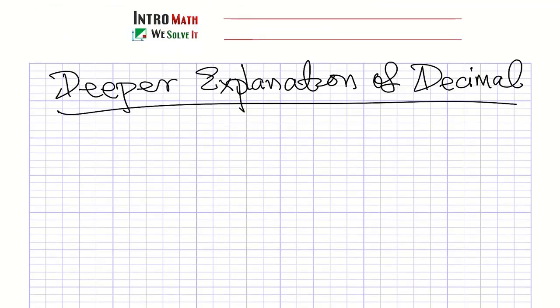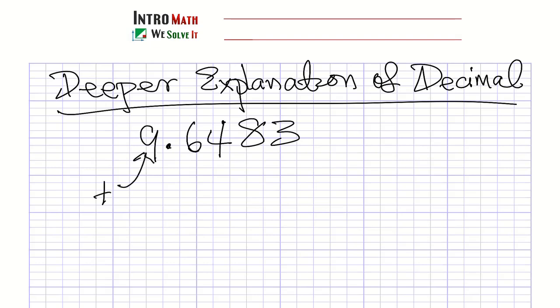Now here is a deeper explanation of what a decimal is. Now look at this decimal here, 9.6483. You see this 9 here represents ones, right?